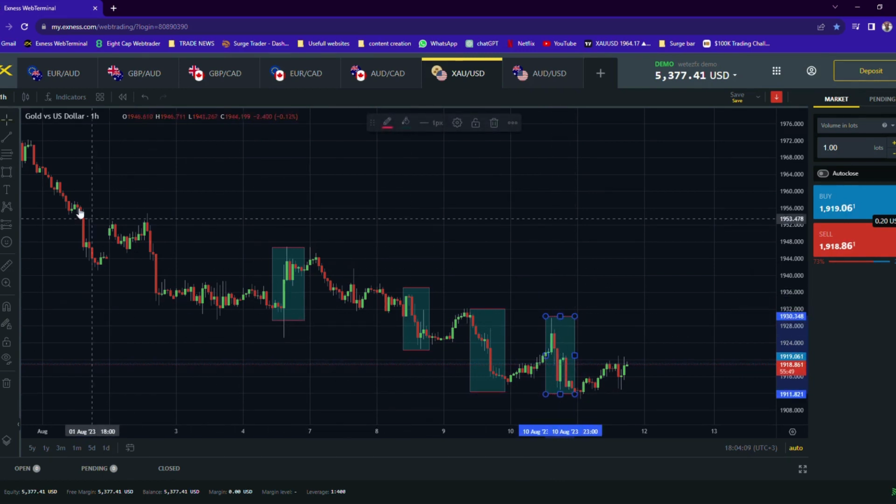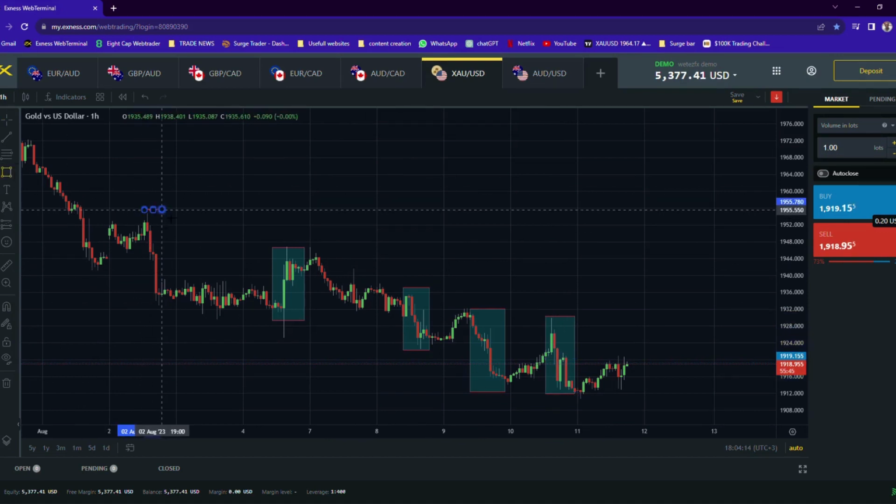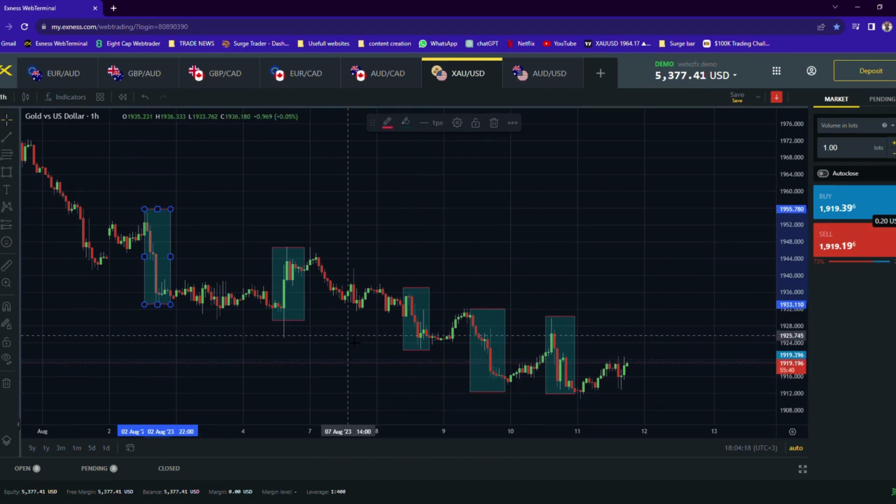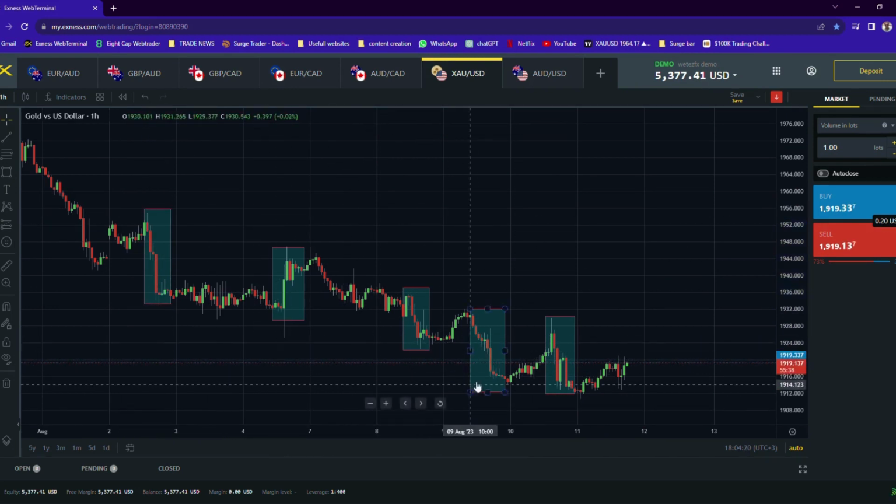So these are all spots where we are going to find some good scalp opportunities. So this is 1 2 3 4 5, almost every single day.